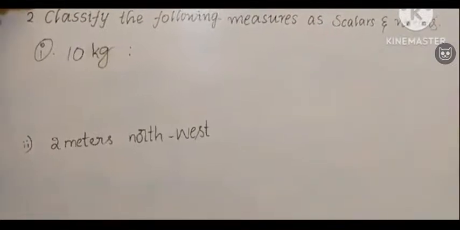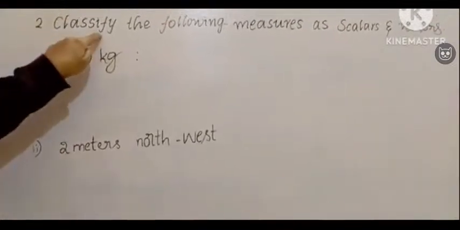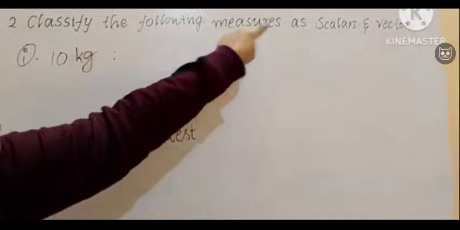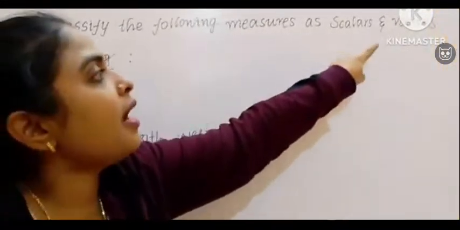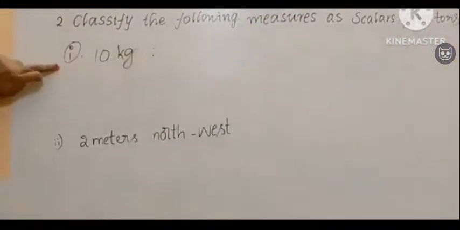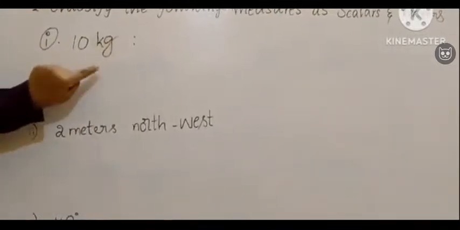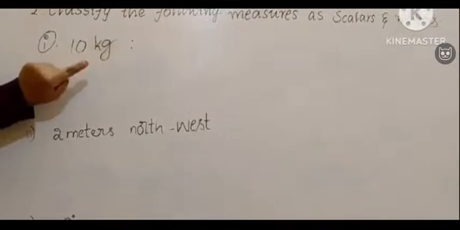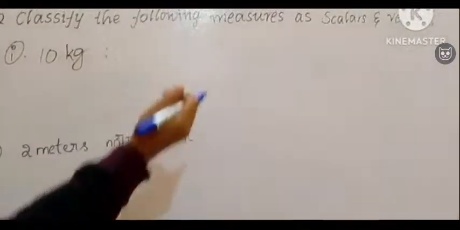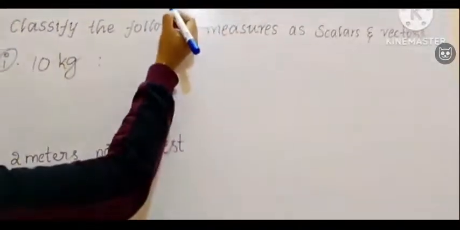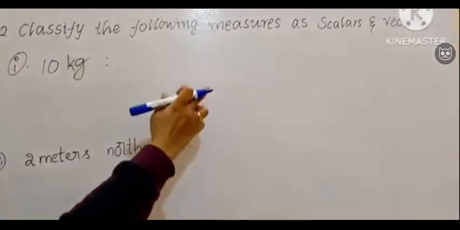The second question is, classify the following measures as scalars and vectors. In that, the first is 10 kg. Kg represents magnitude. Before going to this, I'll give the definition for vector. What is a vector? Vector is a physical quantity.